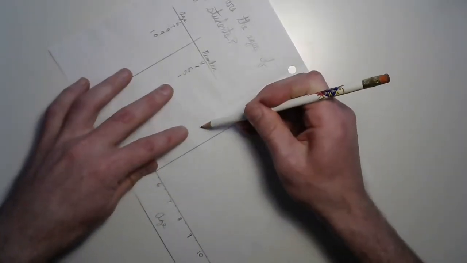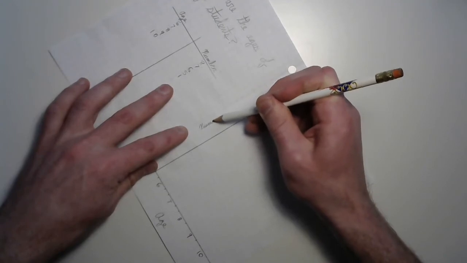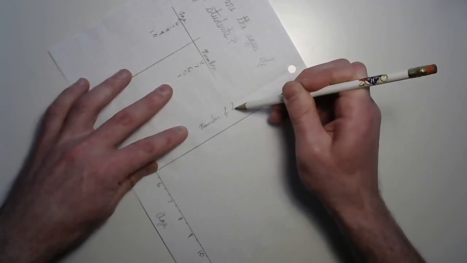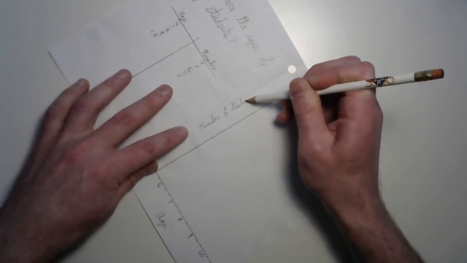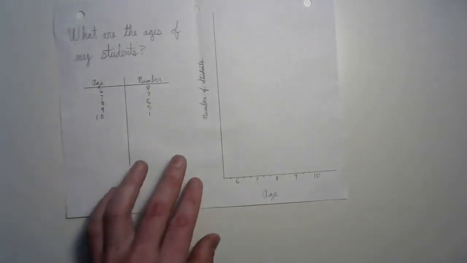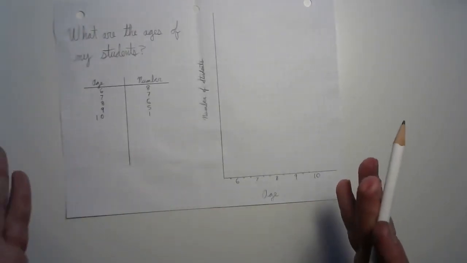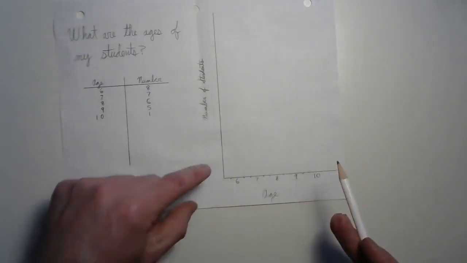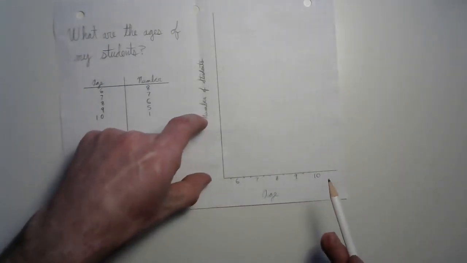Let's do number of students on the side, and these relate directly to our title. Okay, and let's number that line. Because I only have 8 students at my max for any of these bars, well, 8 would only be right there. That's super small.